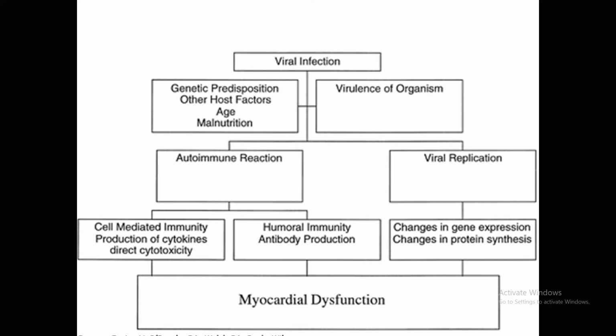Less commonly, non-infective agents such as radiation, heavy metals, toxins, and venoms, scorpion bites or snake bites, some drugs, cocaine, and some treatments, for example, doxorubicin in high doses, or cyclophosphamide may also cause myocarditis.